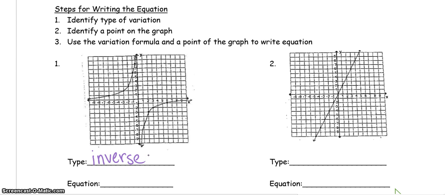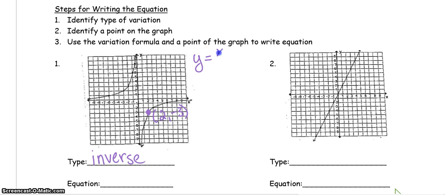When you're looking for a point on the graph, you're looking for a point that goes exactly through the corners of a box. So looking around here, I see that this is a point. That's 2, -3.